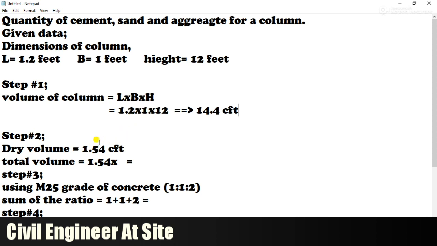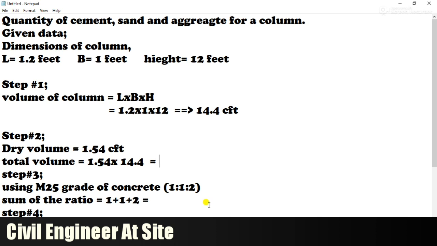When we mix water with the sand and cement, the volume becomes less than it was before. So for that we use 1.54, and we will multiply 1.54 with the volume of the column, which is 14.4.